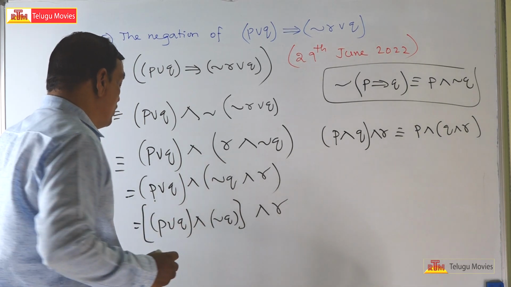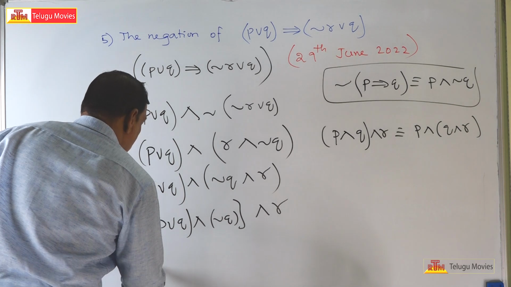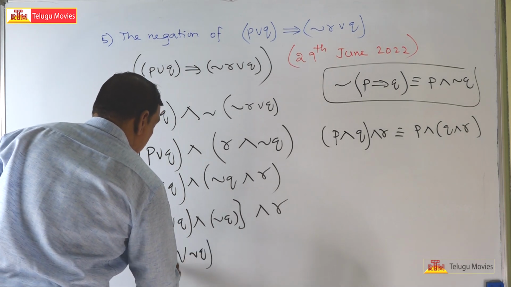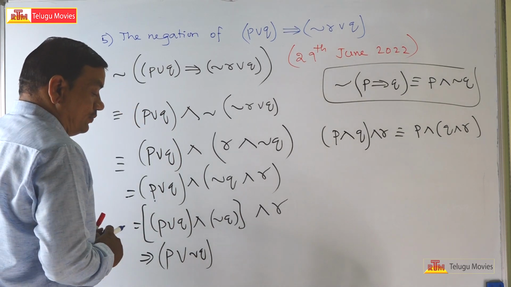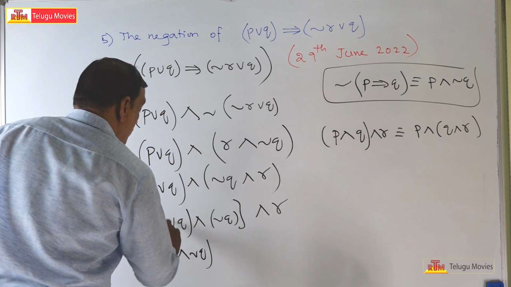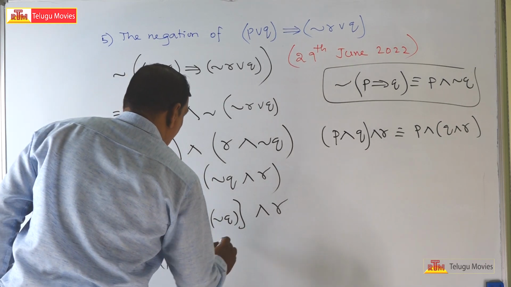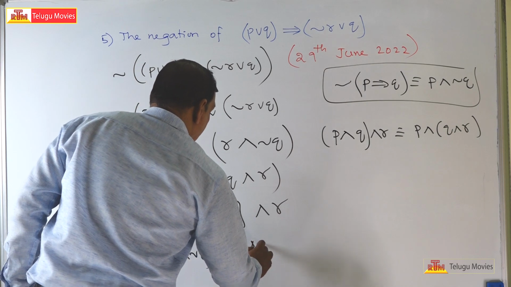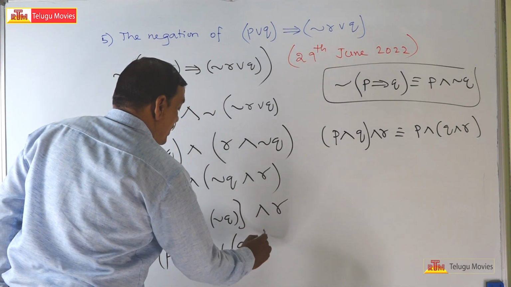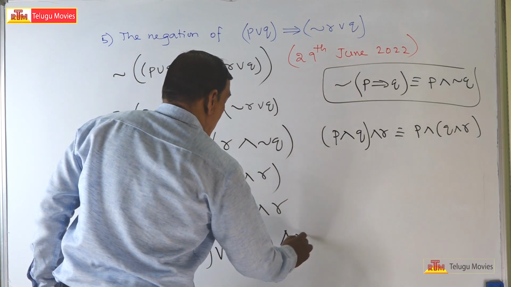So if you apply the distributive property, this is P and negation Q, or Q and negation Q and R.